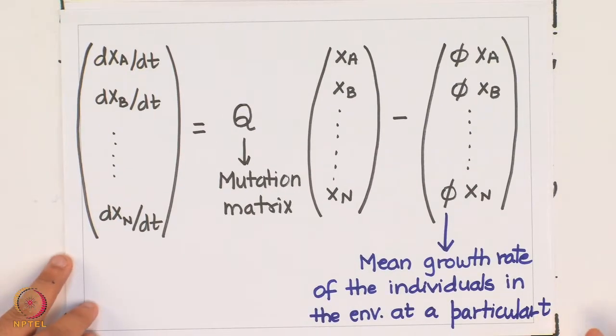That's what we've realized the significance of phi to be: it represents the mean growth rate associated with the environment at any particular time t, depending on the frequencies associated with each genotype.